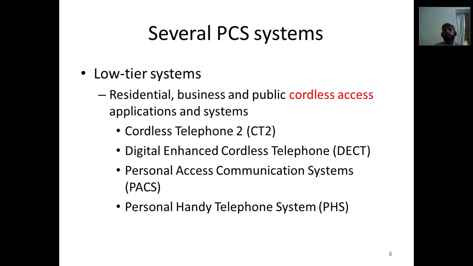You can take the example of cordless telephones and its variants, the Digital Enhanced Cordless Telephone and other services, which provide communication to a relatively smaller area, with limited functionality as compared to the high tier systems.